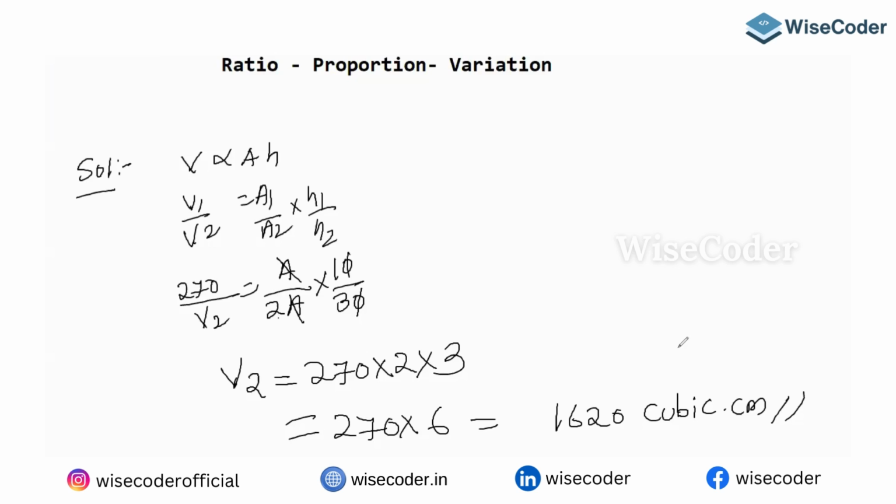We saw all the varieties of questions in inverse and joint variation. Mainly in this topic, income and expenditure questions are very, very important.